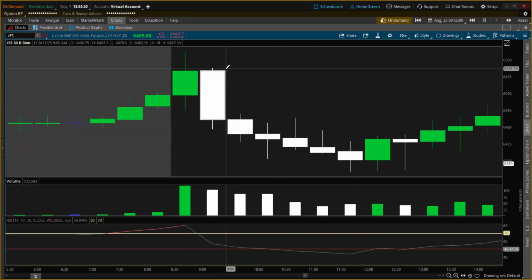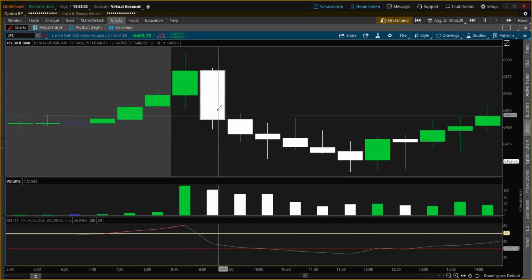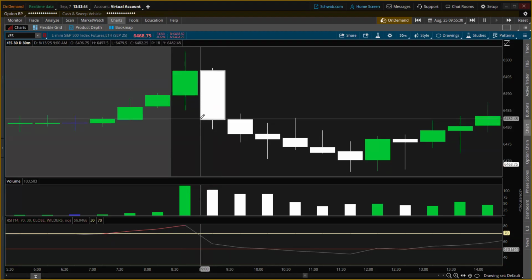That's how much selling pressure, that's how much power the sellers had. That's what this candle represents in comparison to the previous candle. So you cannot have a bearish or bullish engulfing candle if there is nothing previous for it to engulf, right? So that is a two candle pattern, right?